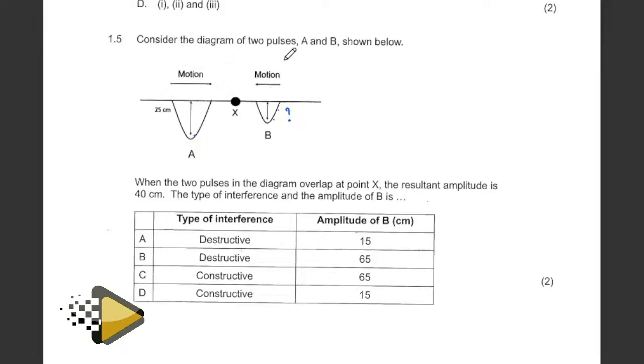If we have the following pulses, A and B as shown below, the amplitude is 25. In this case, we don't know the amplitude. When two pulses in the diagram overlap at point X, A is moving to the right, this one is moving to the left. They're telling us that the resultant amplitude is 40.